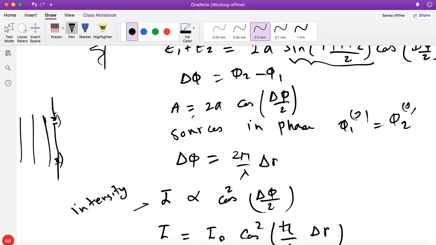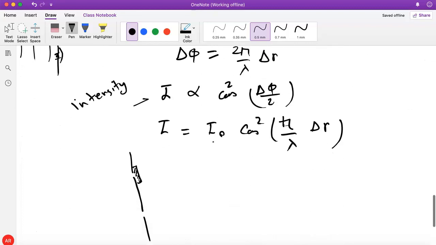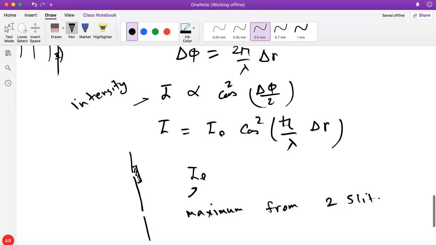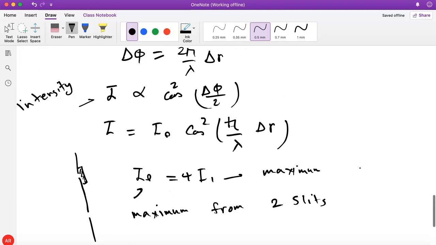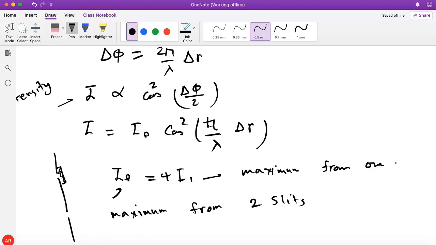This maximum, when cosine is 1, is proportional to 2a squared. So we can write I naught, maximum from two slits, is the same as 4 I1, maximum from one slit.